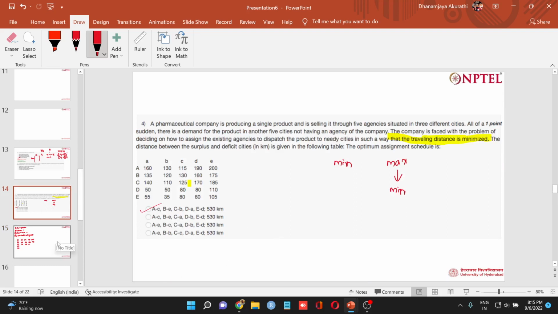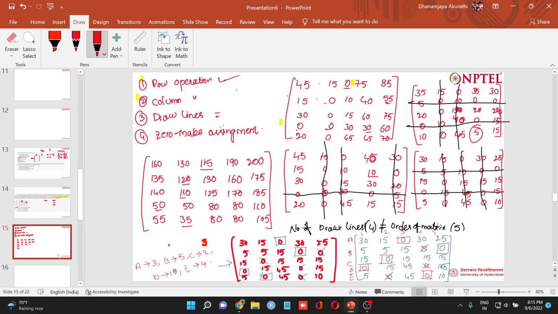And after getting that, we had an assignment that A is corresponding to C, so this is the value, and B is corresponding to E, that means this is the value. So like that we can get all of the values that are the distances. If we add all those distances, we get the final optimum traveling distance in the minimization. Is it okay? Any doubts in this?